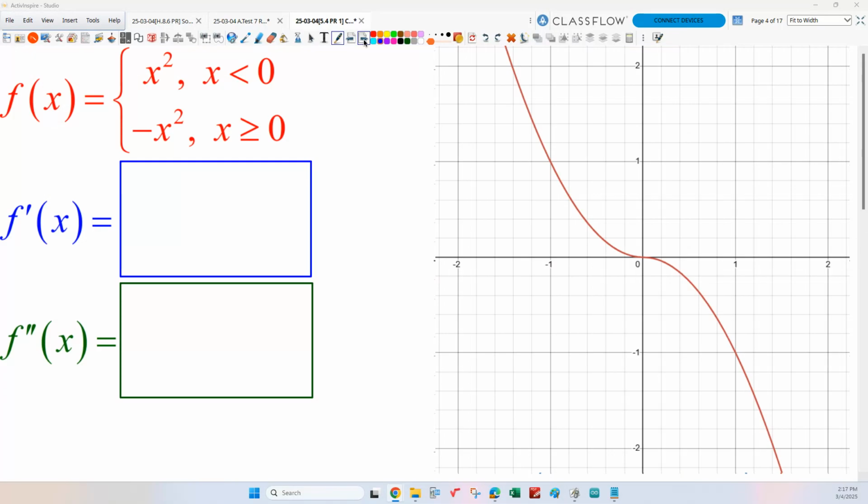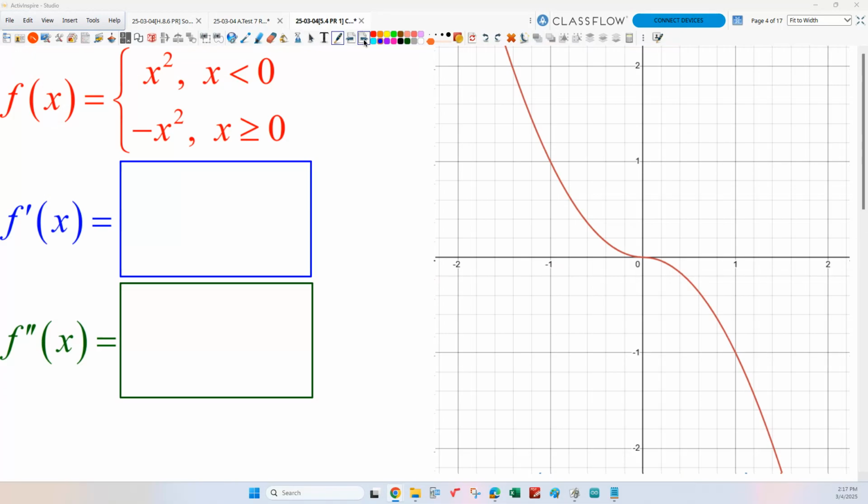Here's an example. Piecewise function, f of x is defined as x squared, where x is less than 0, and negative x squared, where x is greater than or equal to 0. Okay? What's the derivative function going to be then? How do we differentiate a piecewise function? It's been a while, but just use your intuition.